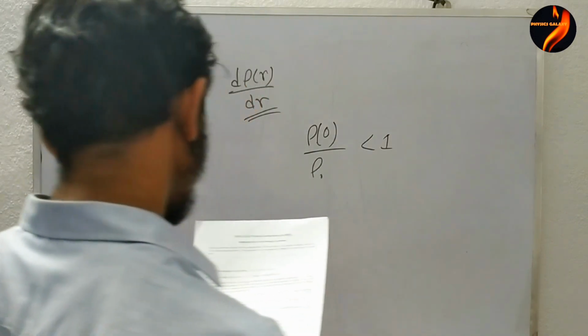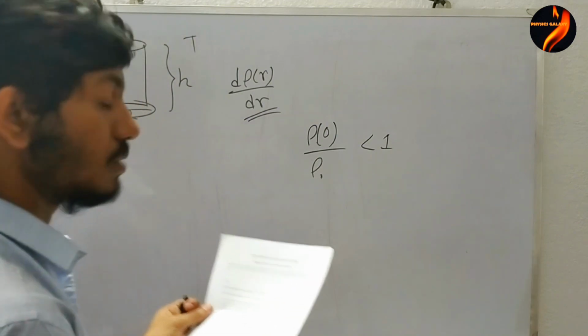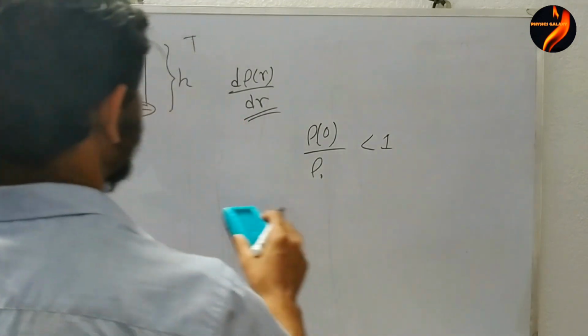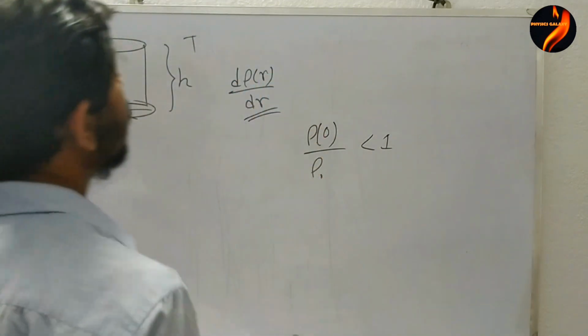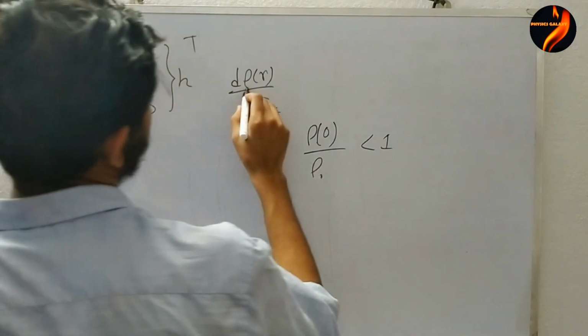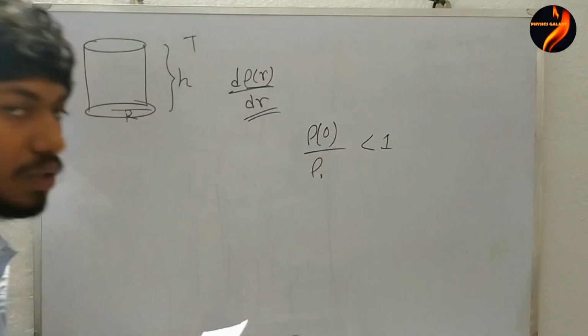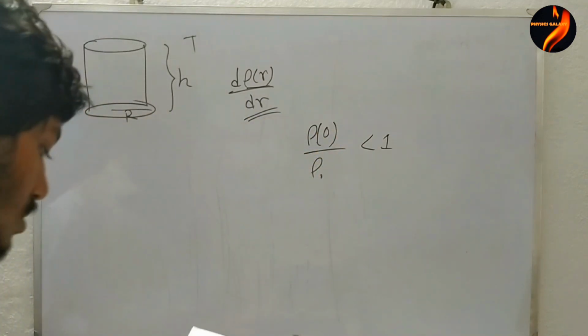Then calculate the distance from the axis: is the density of this gas unchanged by the rotation? So if we calculate this rho of r, then at which r is rho of r equal to the previous rho naught? You have to calculate this.